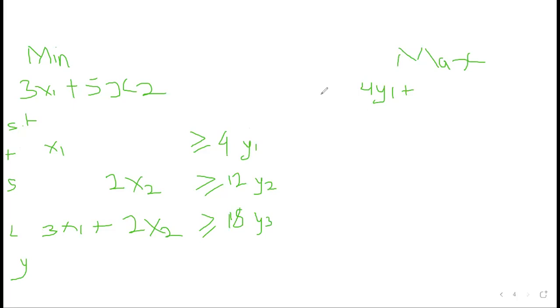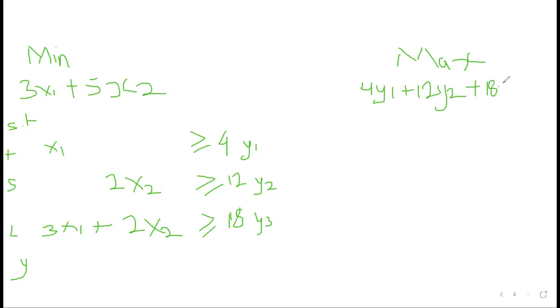Okay, so with that understood, because this side is changing position with the objective function coefficients, we are going to have 4y1 plus 12y2 plus 18y3.